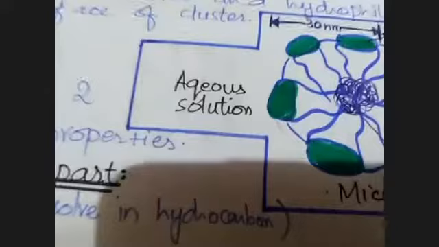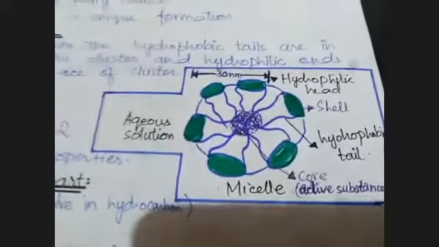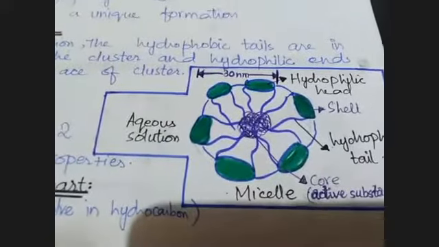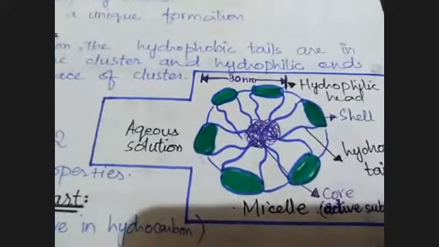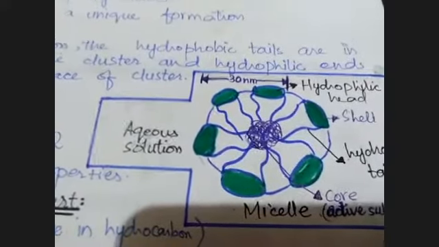In the aqueous solution, this is the structure of the micelle. How does the micelle form? In the formation, the hydrophobic tails are in the interior of the cluster, and the cluster will hold the grease or dust or oil, and the hydrophilic ends are on the outer surface of the cluster.